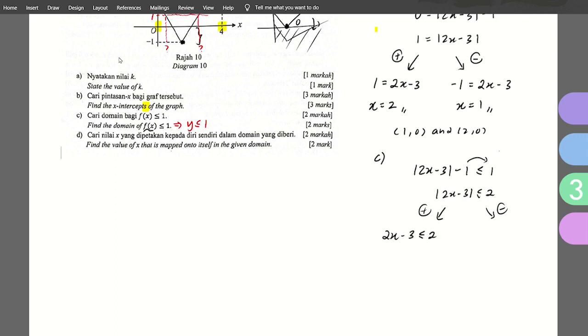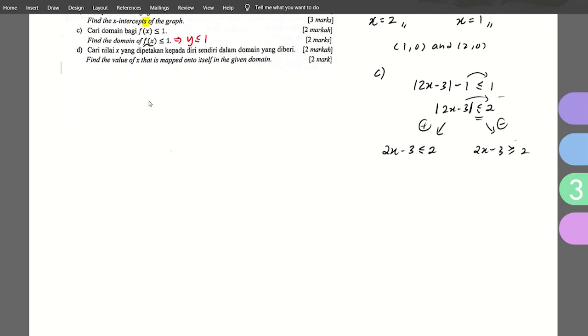But for this part you need to take note: this modulus is like moving the negative to the other side. Moving the negative causes the sign to change as well. So you need to change the sign from less than or equal to, to more than or equal to. This requires you to change, so take note of this.